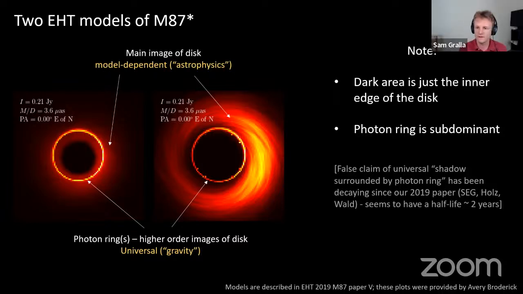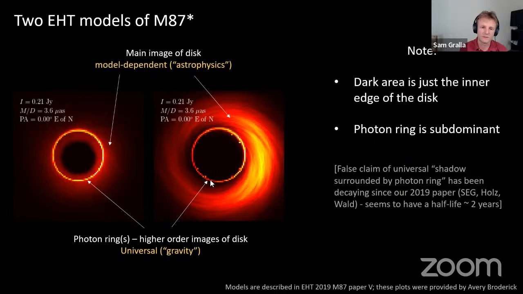It's a little hard to try to state exactly what people have said and then why it's wrong. But the basics of it, and you can read about it in the paper with Holtz and Wald from 2019, is there was a belief that no matter what matter you put near a black hole, as long as it's optically thin, meaning transparent to itself, the dark area would be the size of the photon ring.